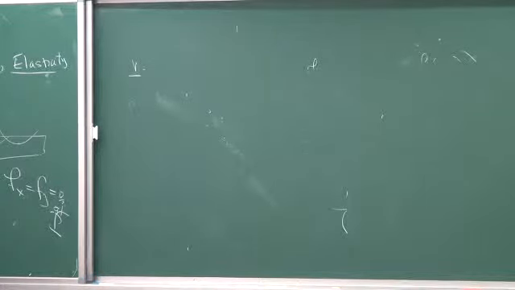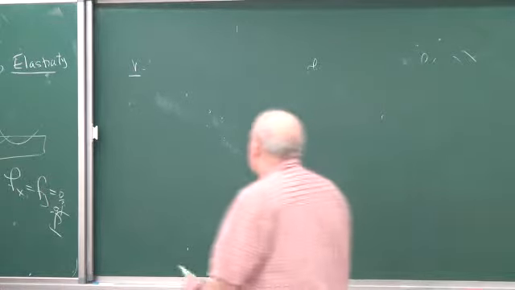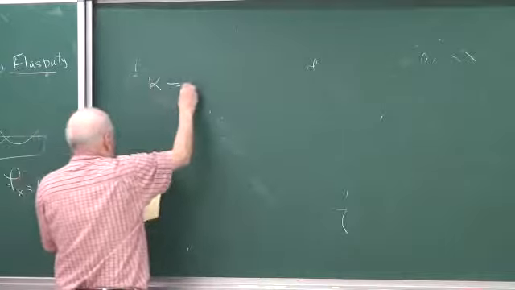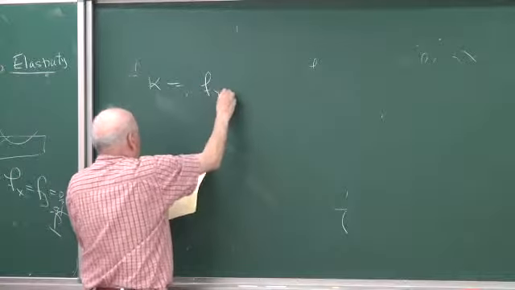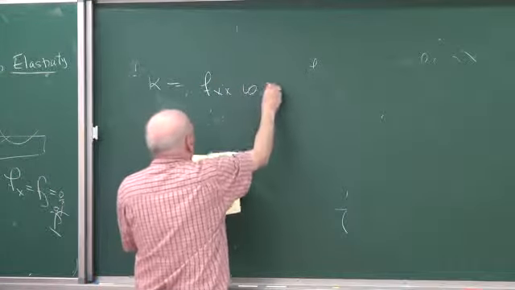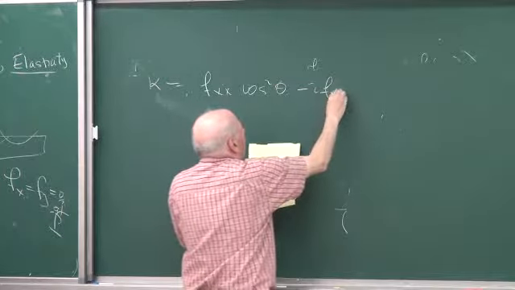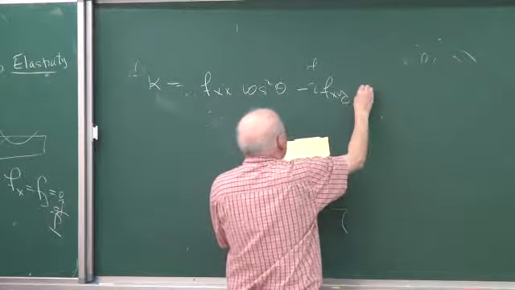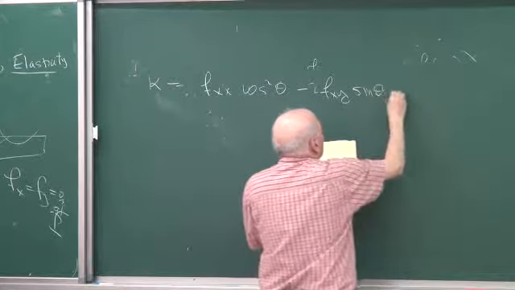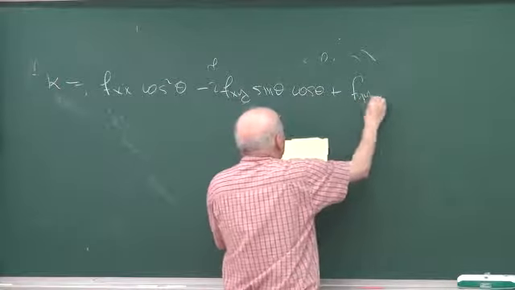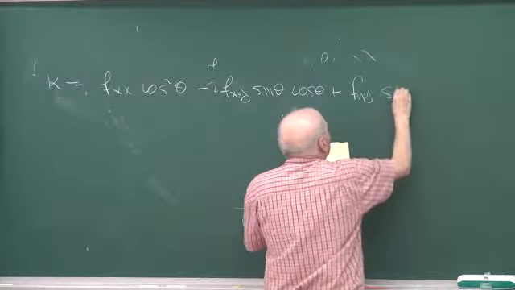Write it out as a quadratic form: it's f sub xx cosine squared theta minus, because of the way I chose things, f sub xy sine theta cosine theta plus f sub yy sine squared theta.